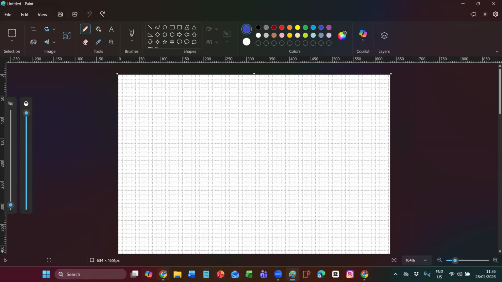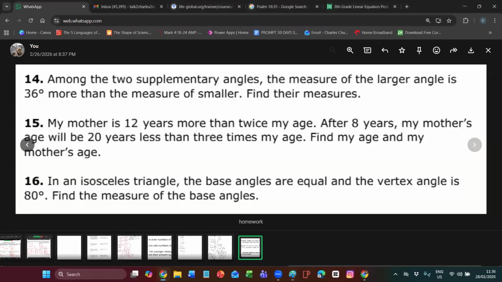So let's go to the first one. It says among the two supplementary angles, the measure of the larger angle is 36 degrees more than the measure of the smaller one. Find the measure. So how did you go about this one?